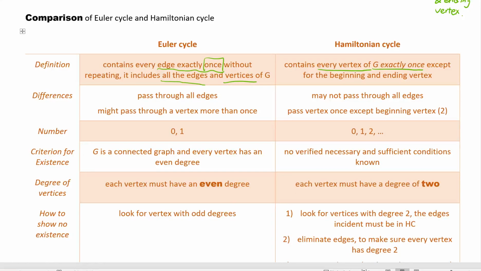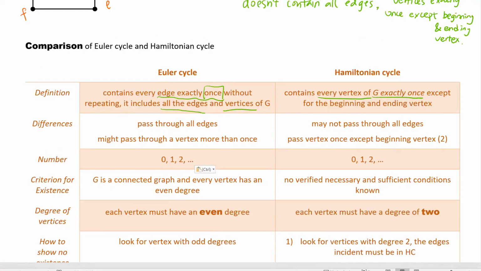Okay, the number of cycles. For both of them, a graph might have no Euler cycle, one Euler cycle, or two Euler cycles. Or for the Hamiltonian cycle, it could be 0, 1, or 2. Okay?